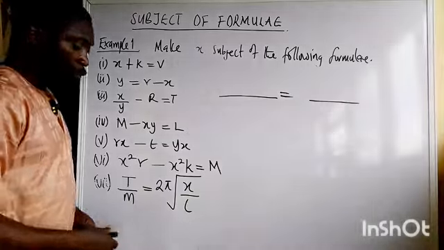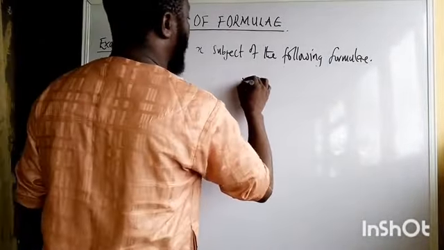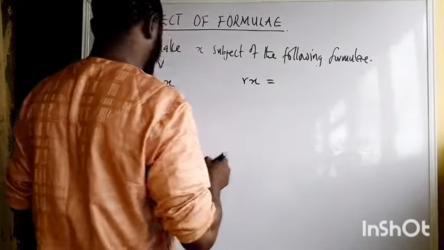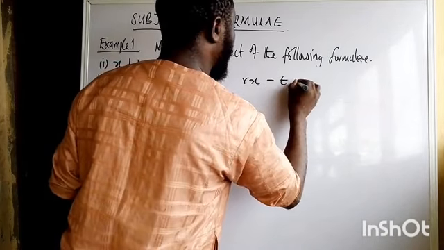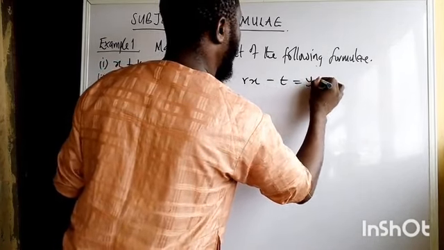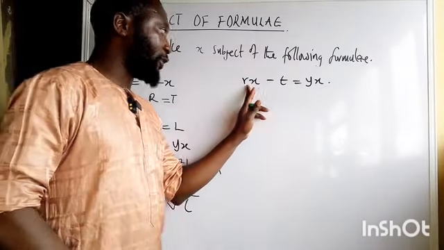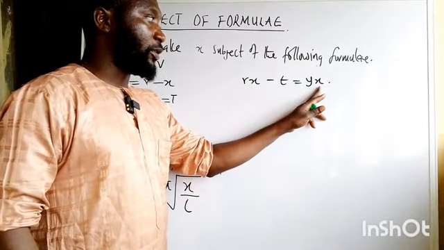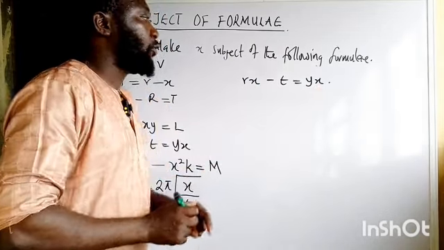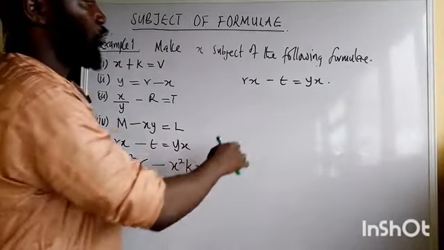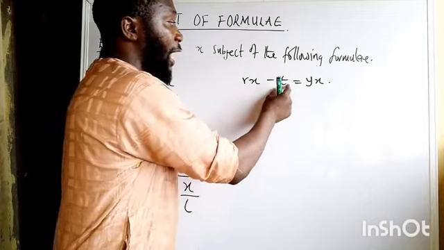Now, we have Rx minus t equals Yx. You can see this one has x, this also has x. Now, to remove t from this side, you can just say, okay, let me add t to both sides.